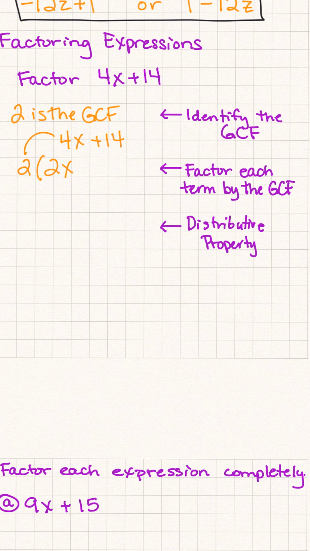And if we have 14 and divide it by 2, we get 7. So 2 times 2x plus 7 is the same thing. And I guess I skipped that: this right here is called the distributive property. 2 being distributed into this is the distributive property.